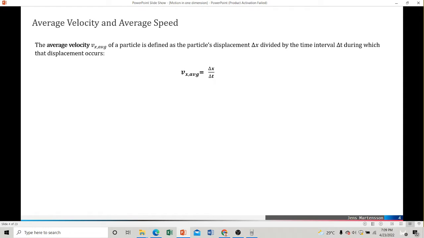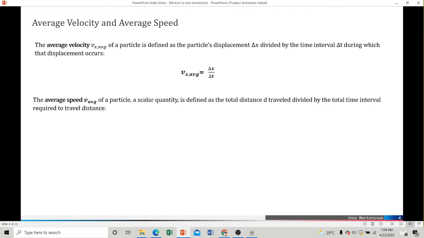So v x average is equal to delta x over delta t. The average speed of a particle, a scalar quantity, is defined as the total distance d traveled divided by the total time interval required to travel that distance. The mathematical formulation of average speed is equal to d over delta t.